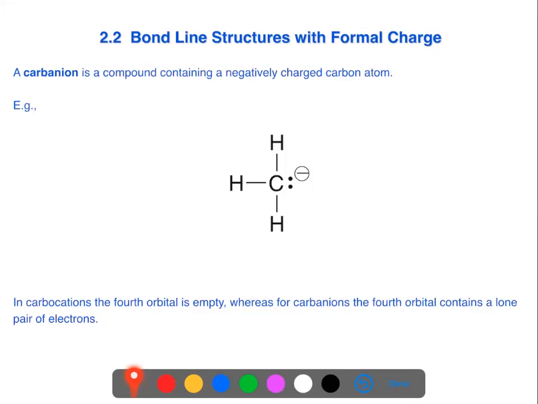You may also recall a simple formula for calculating formal charge in which you start with the number of valence electrons for the particular atom. For carbon, that will always be 4, nitrogen 5, oxygen 6, and so on. So 4 electrons minus any electrons which are non-bonding.